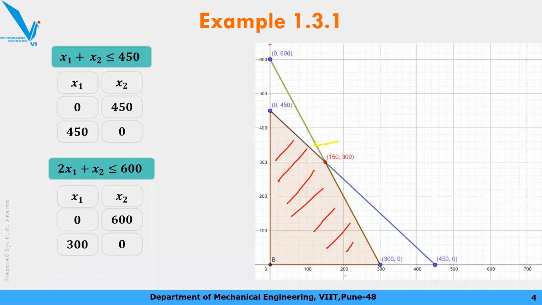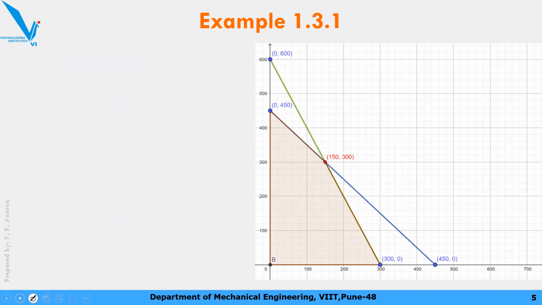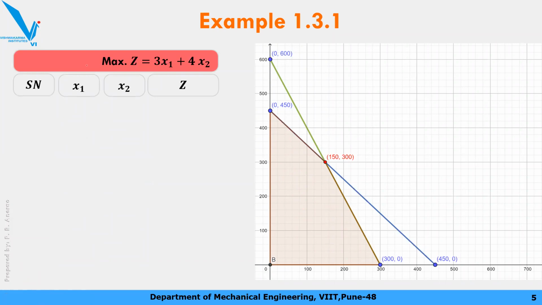Okay, so that means your solution, आपका जो आंसर रहेगा वो feasible region के corner points पे है कहीं ना कहीं, right? So to get to your actual answer, we'll do one small task. We will prepare one table where we will take the coordinates of each and every corner point.